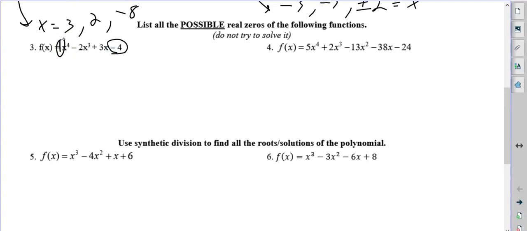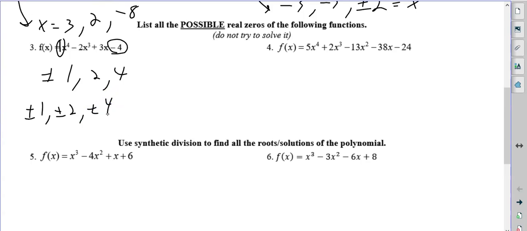So basically, you just need all the factors of 4. And remember, you need plus or minus. So plus or minus 1, 2, and 4. That's it. Okay? So that's plus or minus 1, plus or minus 2, plus or minus 4. All right? That's the quickest way to do it. Technically, it should look like this, but I will take the shorthand.